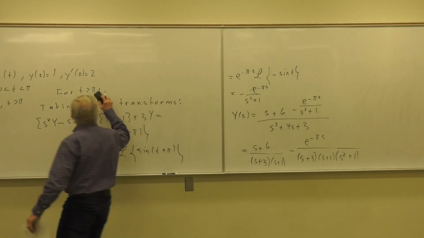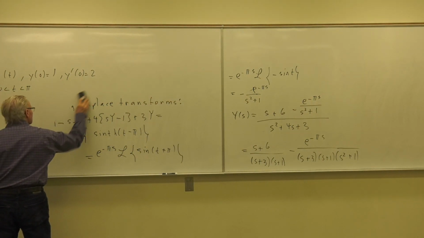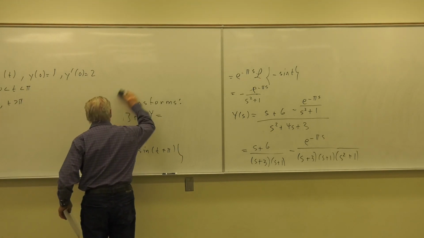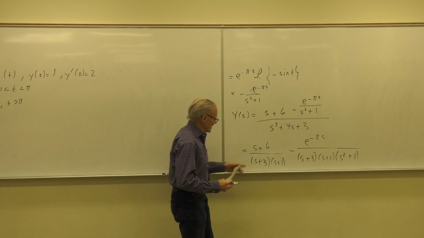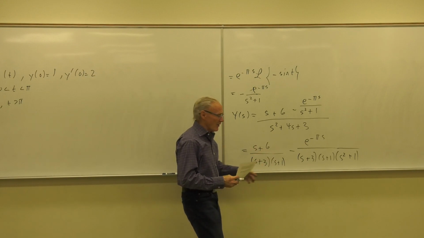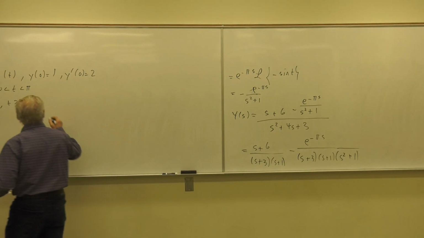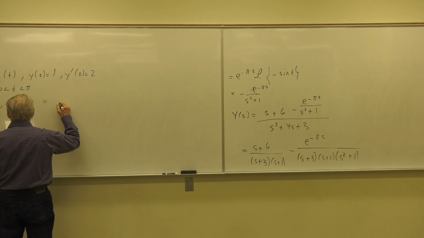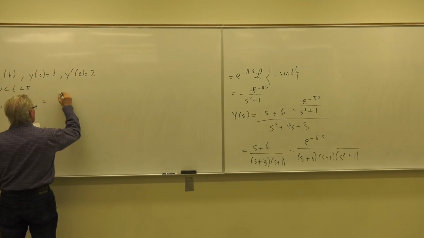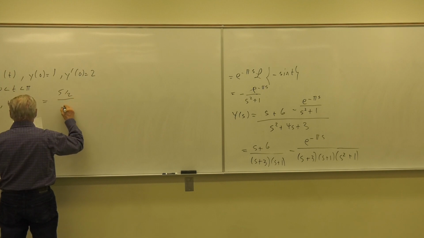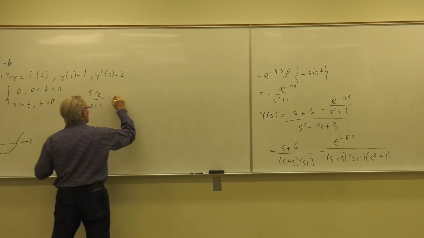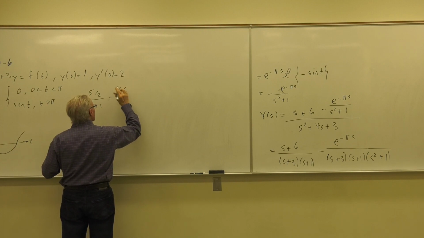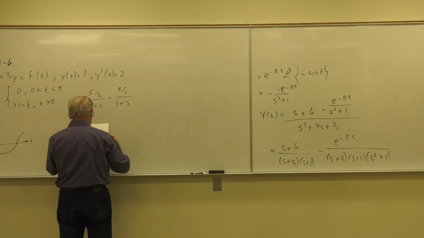So I can then put the overhead back up again. Now this one is an easy partial fractions. That's handy dandy cover-up. Great. So it equals then, I have here 5 halves over s plus 1 minus 3 halves over s plus 3.